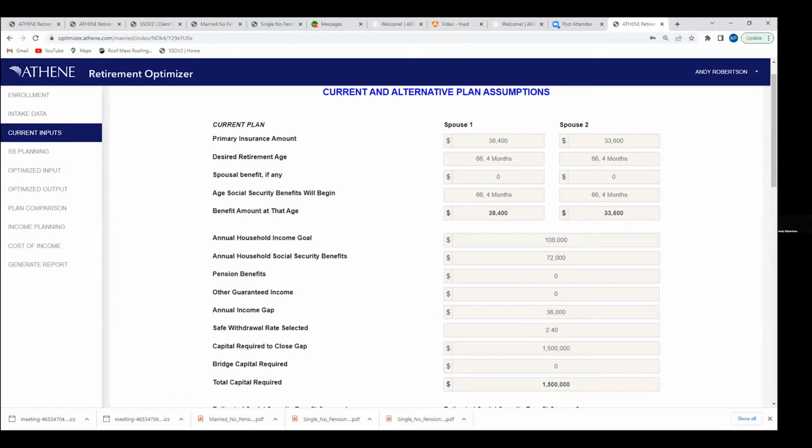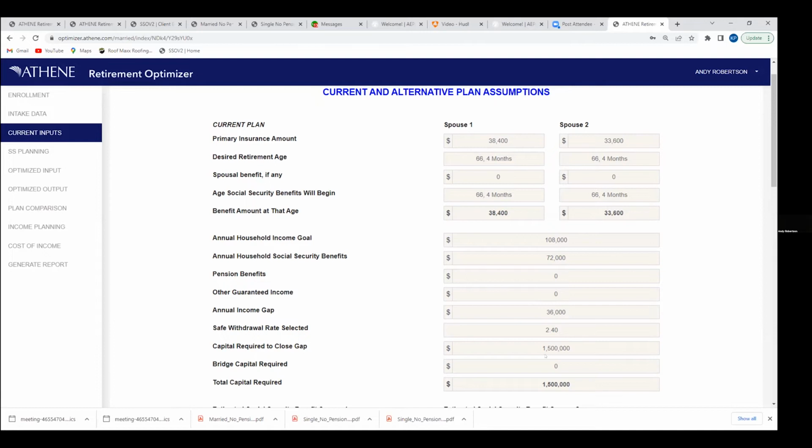Remember, the plan objectives are 30 years at a 95% probability of success. So for the plan to be successful, we need to be able to deliver $36,000 inflation adjusted for the next 30 years. And we need to be able to do that with a 95% probability of success.